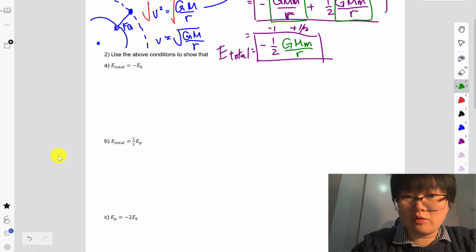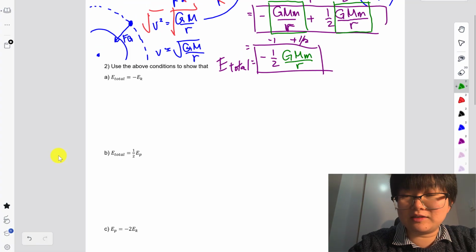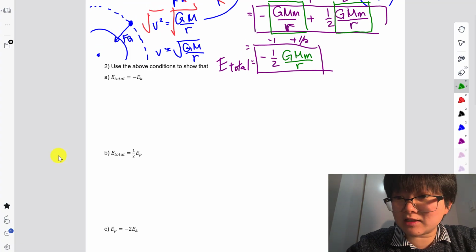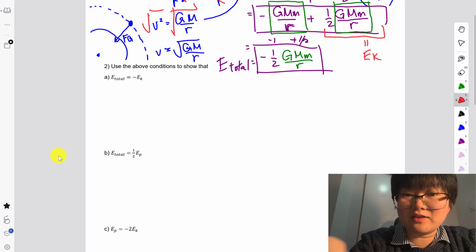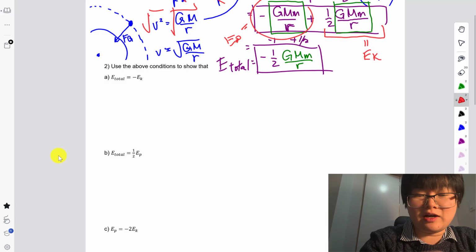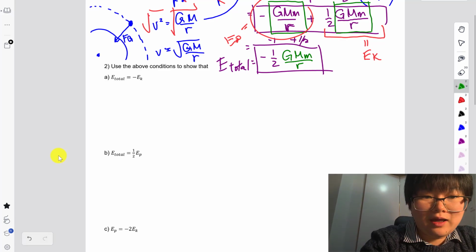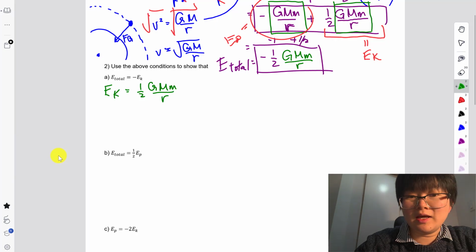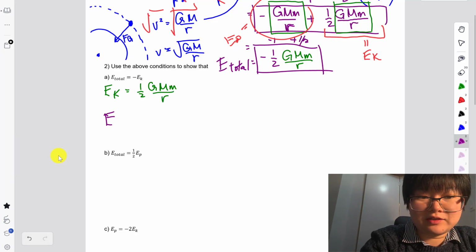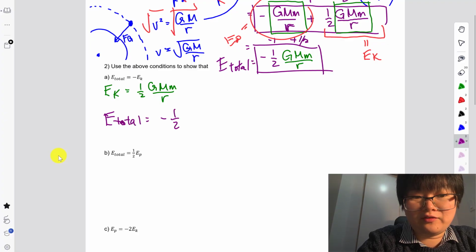So we know that kinetic energy is 1/2 mv squared, but kinetic energy is also this. This other one over here, we already know is potential energy. Kinetic energy now takes on a new form, and that is 1/2 big G, big M, small m over r. Total energy has this new thing that we proved over here, which is negative 1/2 big G, big M, small m over r.